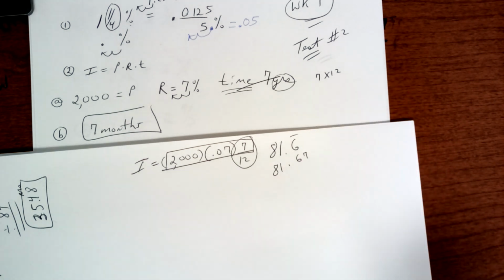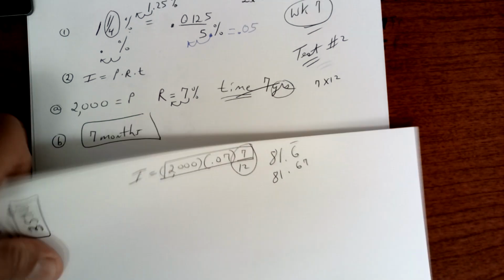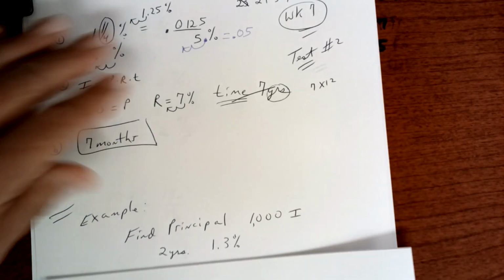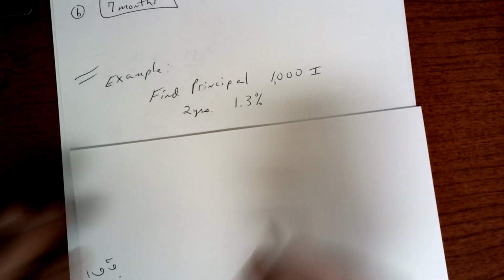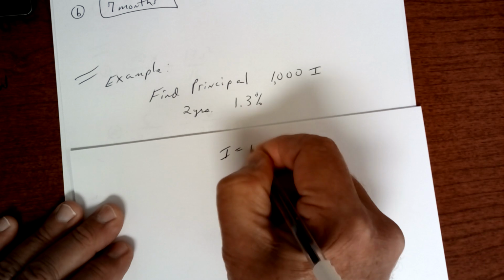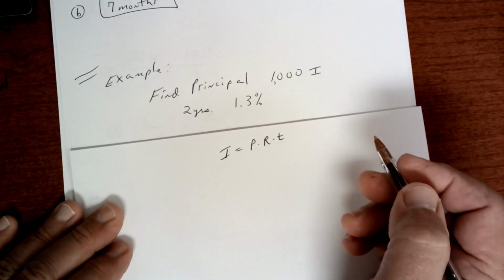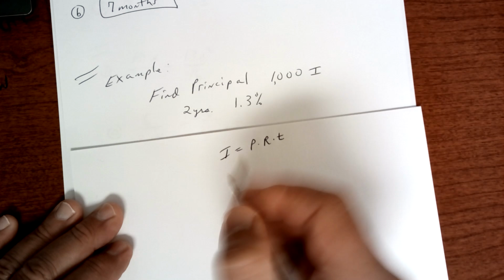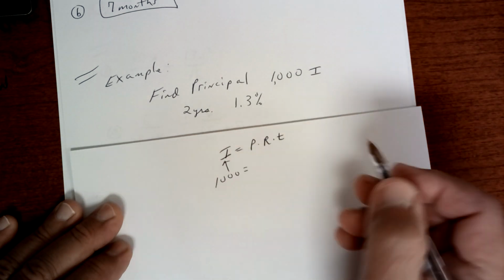Okay, any questions on how to do interest, simple interest? All right, let's move on. Copy this one down. This one, they want you to find the principal. So put interest equals principal times rate times time. The interest is $1,000. So where you have the I, put $1,000. The principal is what we're looking for.